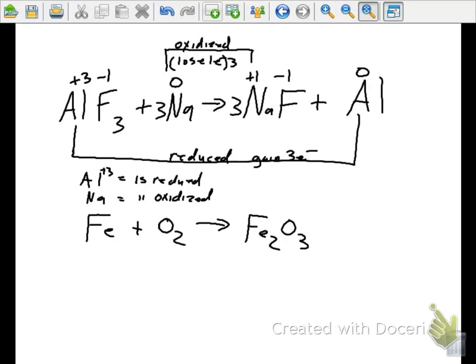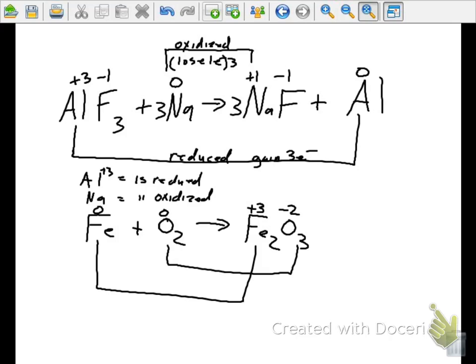So then you guys have to deal with iron. On this one, if I wrote down what's reduced, that would be what?